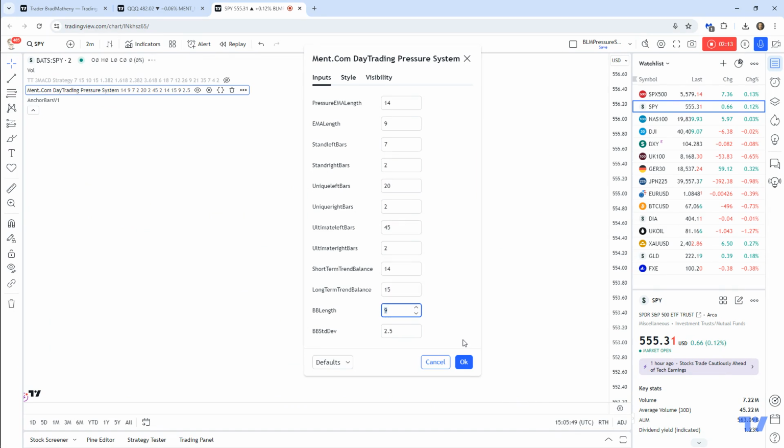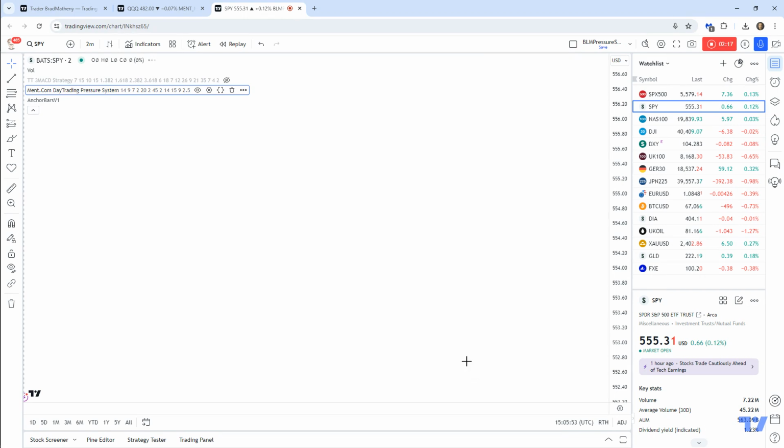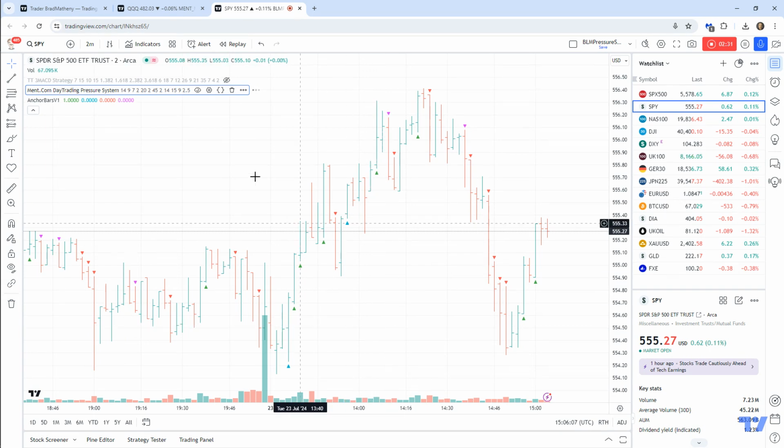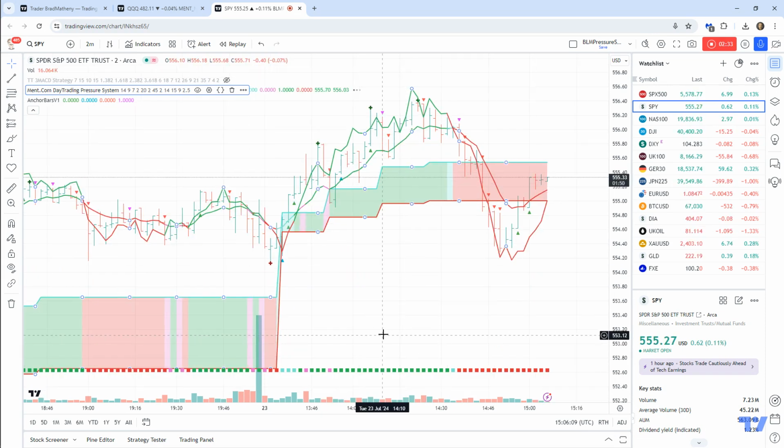What would happen as we're loading data, I hope, there we are, it should be reloading data. I apologize, this is hotel data, so it's still calculating. There we go. You see how when we lengthen the balancing, we now get more defined trending in the pressure indicator.